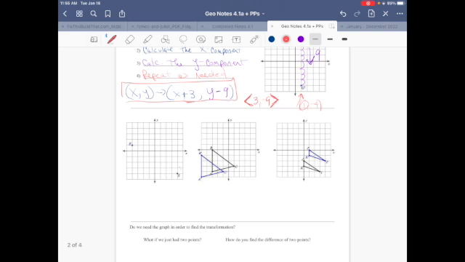So I'm going from S to S prime, right? We're moving it there. So let's calculate the horizontal component. We've got 1, 2, 3, 4, 5, 6, 7, 8. Goes to the left 8, so that's negative.